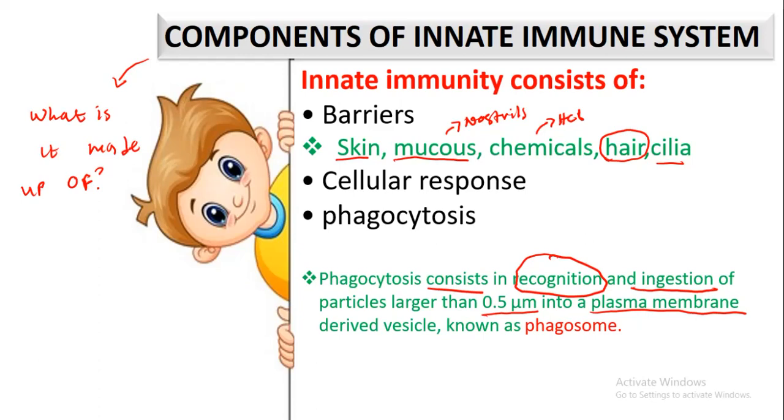The only way they can fight it is by engulfing that bacterium, and this normally takes place with the help of derived vesicles called phagosomes. These phagosomes play a role in the process of phagocytosis.